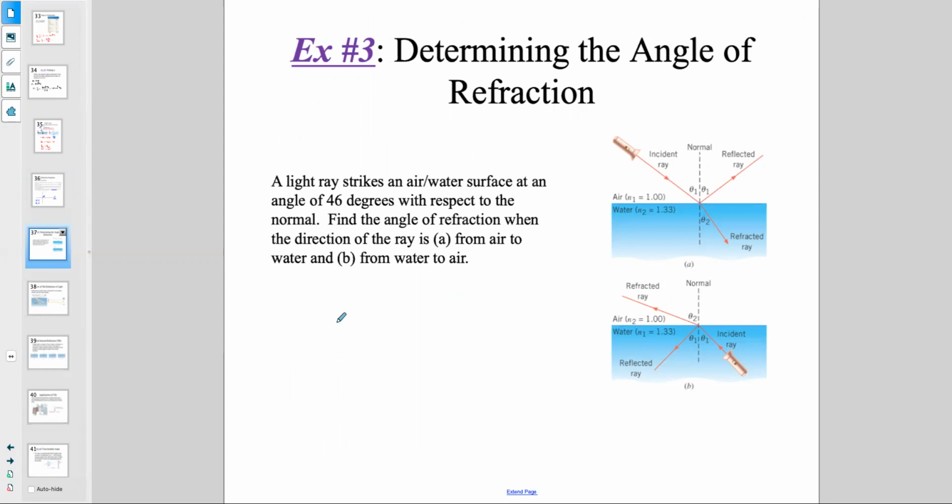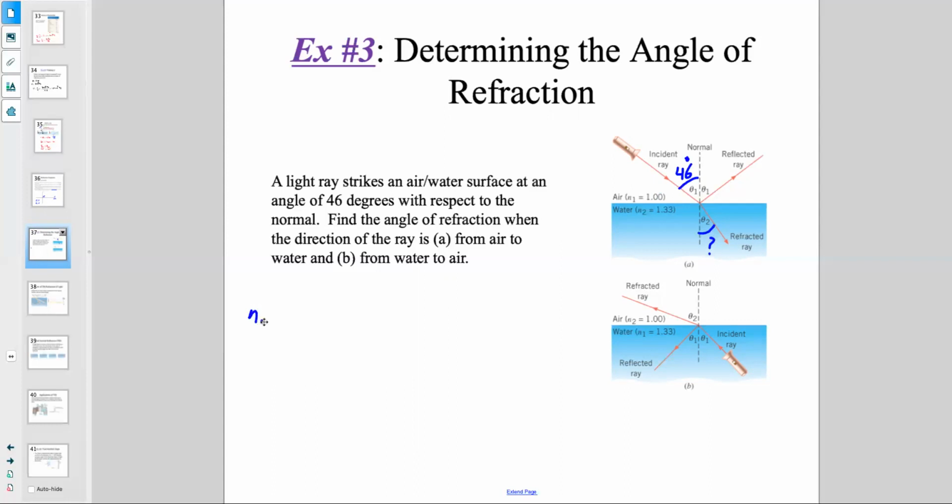So this is case A. We have light going from air to water, from index of refraction of 1 to index of refraction of 1.33, with an angle of 46 degrees. So we know this angle is 46, and we would like to know what this angle is.